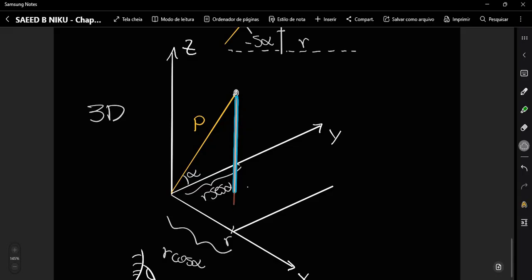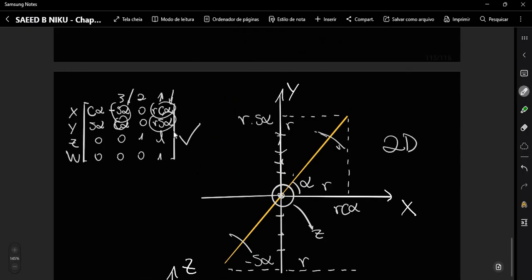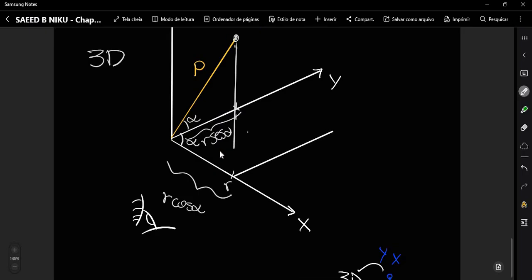And where is it? It's alpha. So it is a rotation about alpha, and it cannot be in this region right here, because in these regions that I'm passing this dashed line, it's outside of the R value.